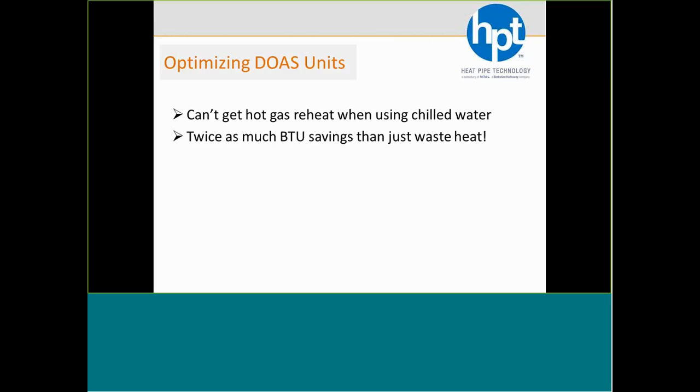But even if it is a DX unit, hot gas reheat is simply waste heat, which is not bad, but it's free reheat. We're also providing free reheat, but we're also pre-cooling to get our reheat. So we're going to offer twice as much BTU savings than a hot gas reheat would.